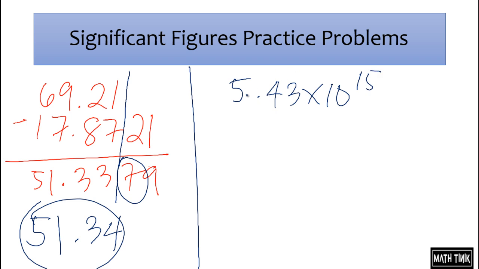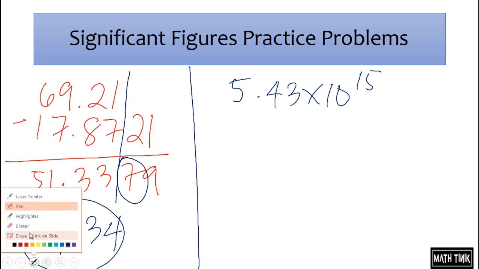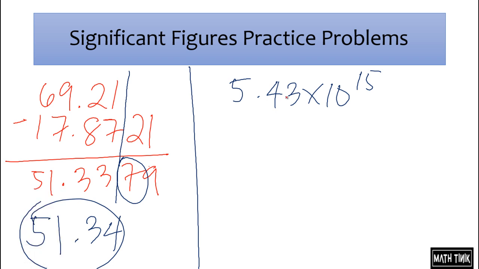Significant figures are only the digits in the mantissa. To determine the significant figures, we have to neglect this part here and concentrate on the mantissa, which in this case is 5.43. So in this example, we have 3 significant figures.